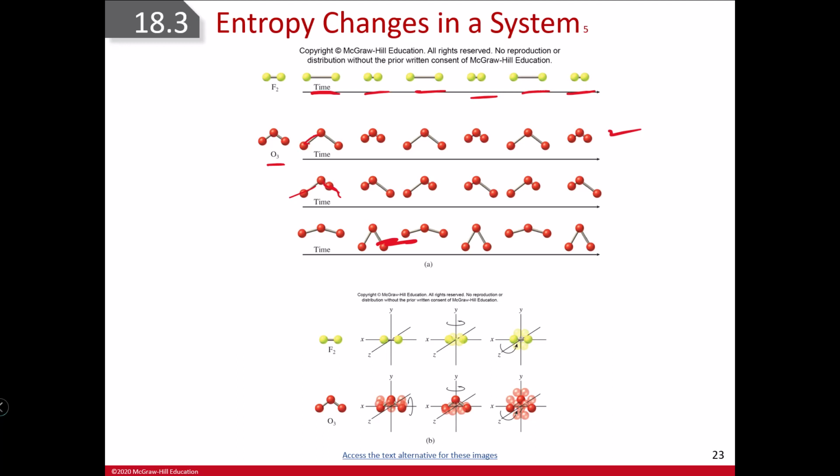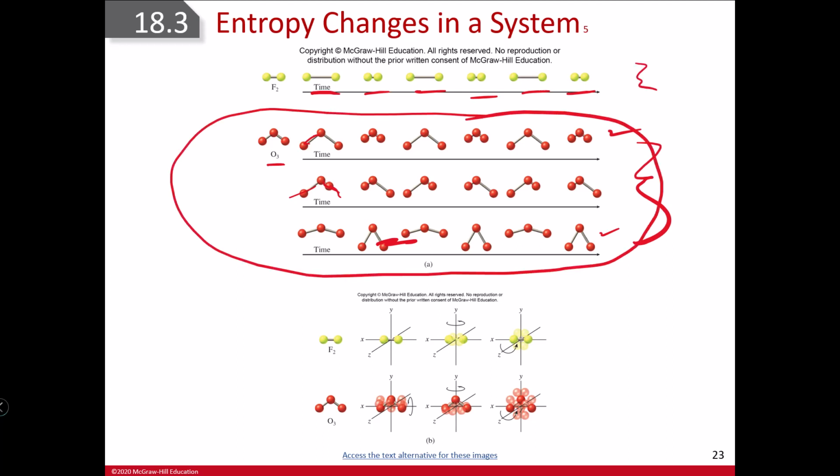And then you have this bending back and forth, this up and down bending. So this one has a lot more entropy than this. This has more positions in space, more distribution of energy than this one does. And to highlight that even more, look at rotational energy.